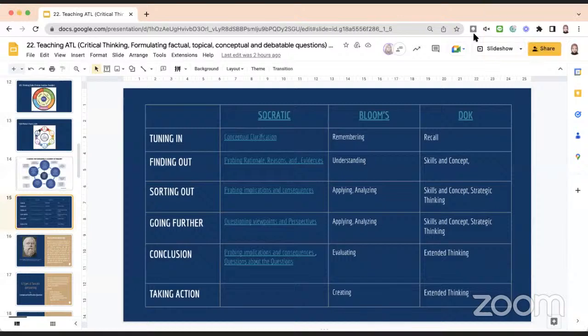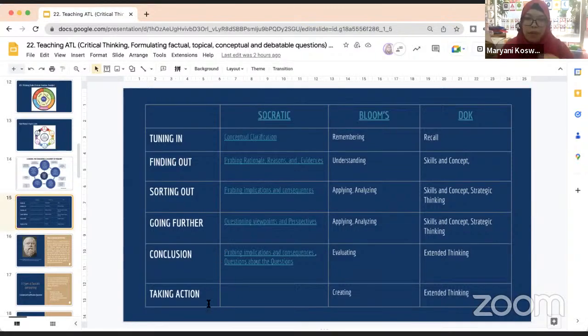Is it possible or allowed that we display those WH question starters in the classroom and then give them a lot of stimulation to making questions, like what we're doing is guiding them? Yes, like a guided inquiry. So it is still okay, yeah. Still okay for me, Pak.